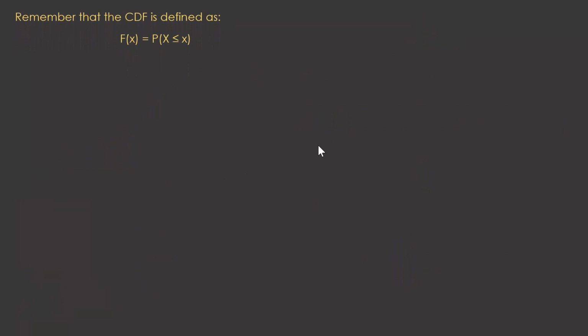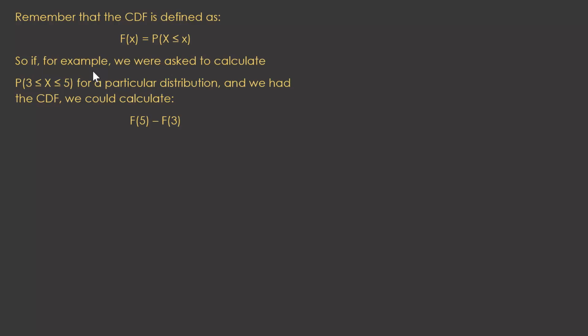Remember that the CDF is defined as F(x) is equal to the probability of X being less than or equal to x. So if, for example, we were asked to calculate the probability that X is between 3 and 5 for a particular distribution, and we had the CDF, we could calculate F(5) take away F(3).